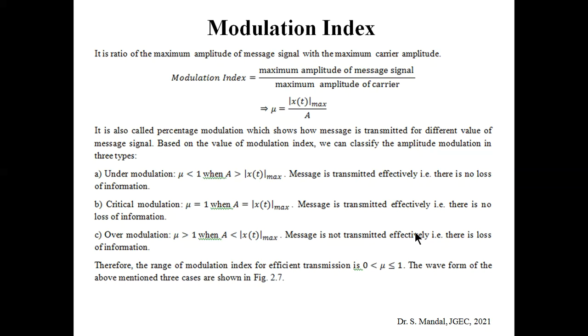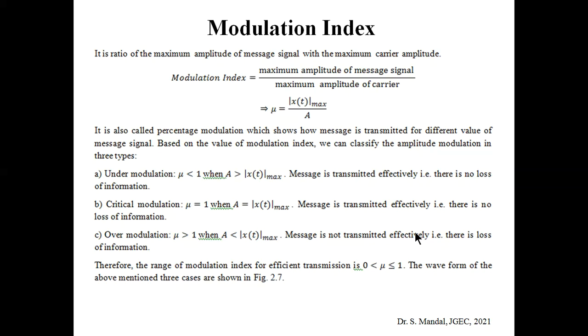So we define the modulation index by mu, and mu can be written as x(t) max by A, the ratio of the maximum amplitude of the message signal to the maximum amplitude of the carrier signal. The maximum amplitude of the carrier signal is A and the maximum amplitude of the message signal is x(t) max, and this ratio is known as the modulation index, and that denotes the percentage of modulation. Both are basically the same.